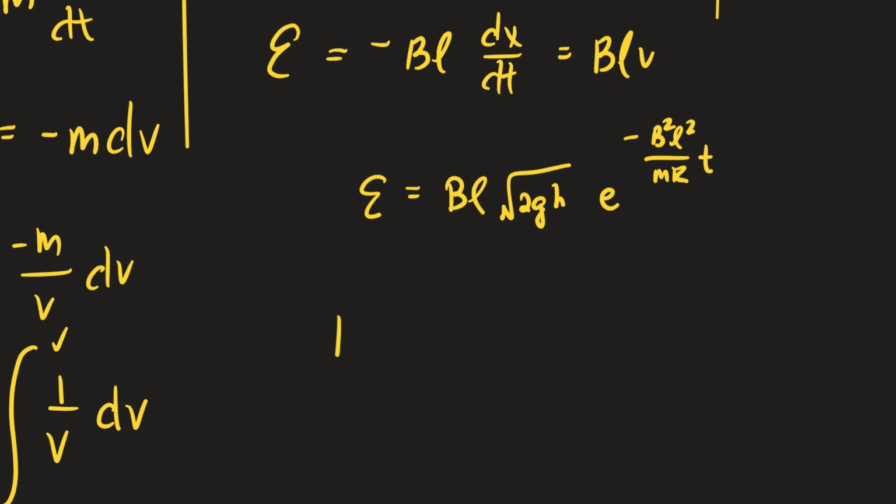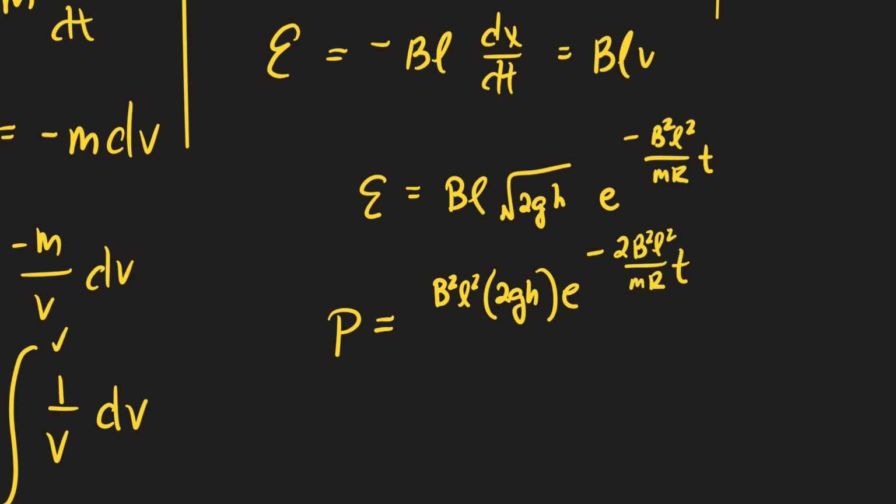Meaning I could write power as, help me out here, B squared L squared times 2GH e to the minus 2 B squared L squared over MRT divided by R. Right? This equals dW/dt.